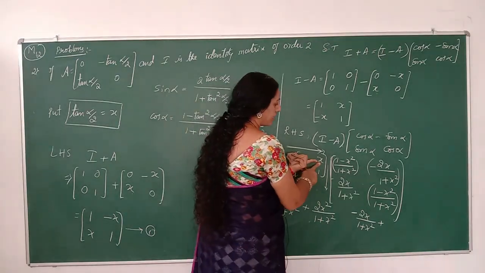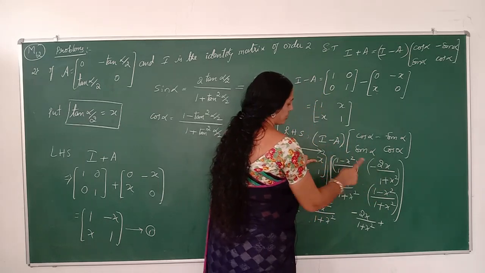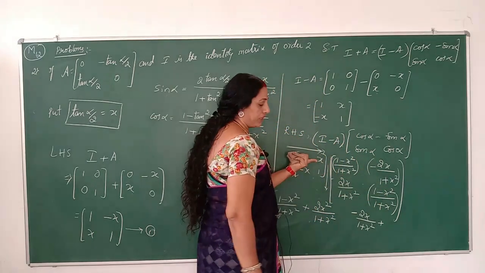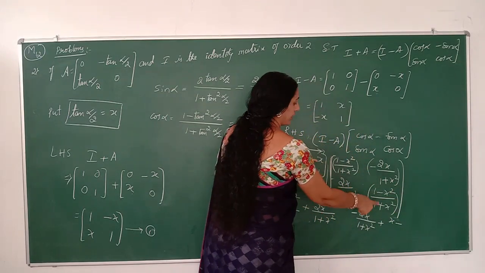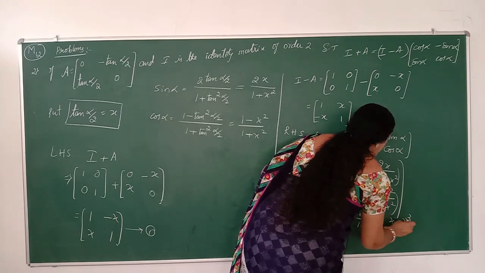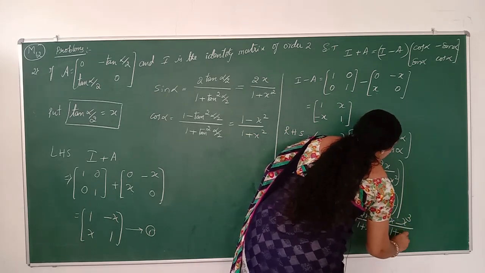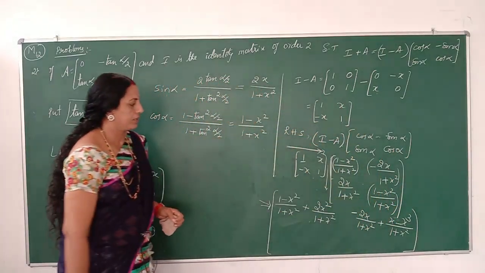Now x is distributed over both elements: x into 1 is x, minus x into x square is x cube, divided by 1 plus x square. That is the second element.